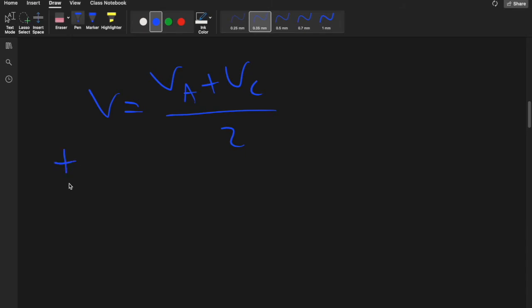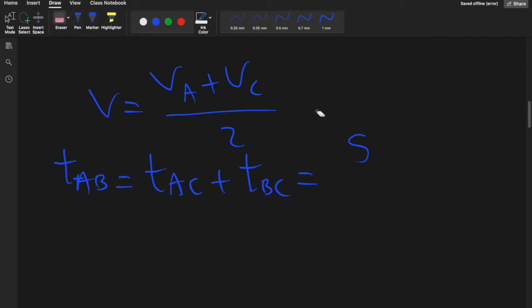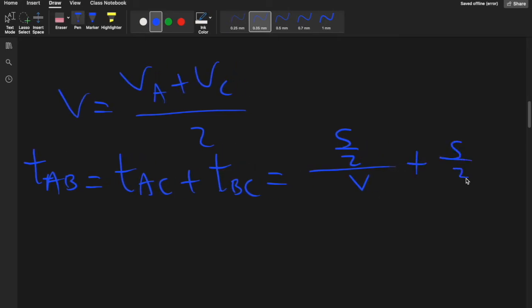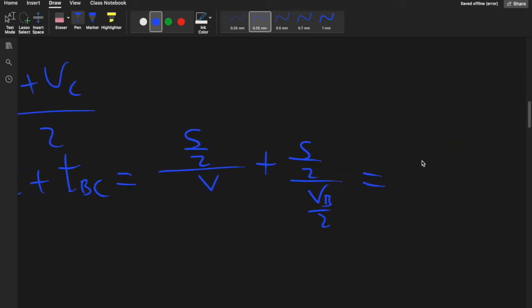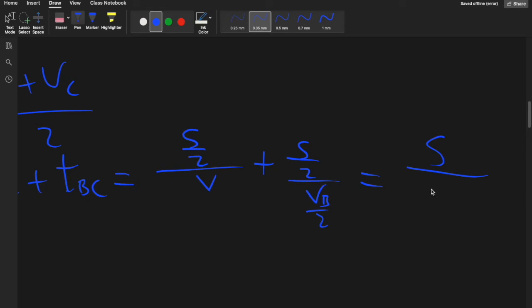And TAB is equal to TAC plus TCB, which is equal to s over 2 divided by v plus s over 2 divided by VC over 2, which is equal to s over VA over 2, right?